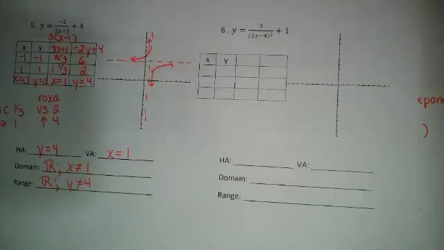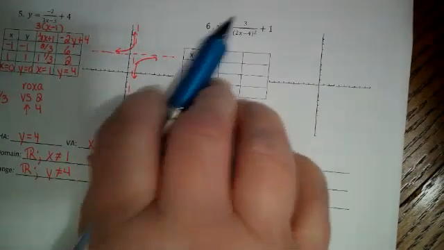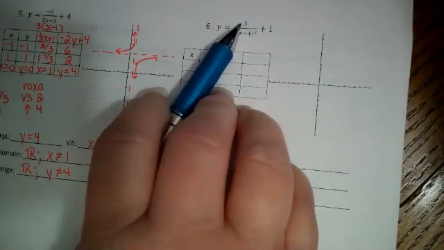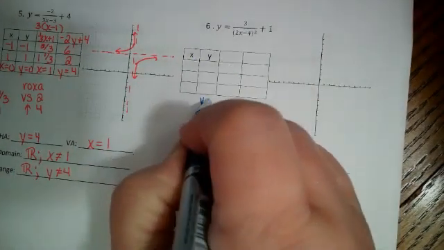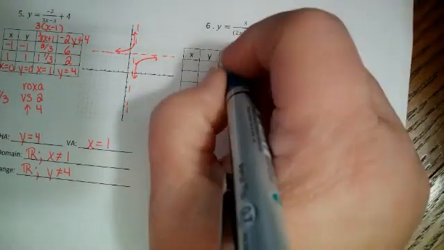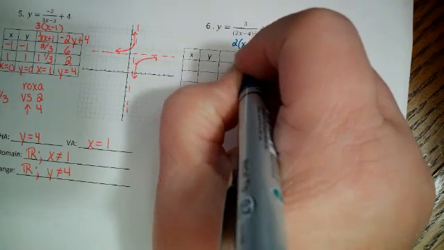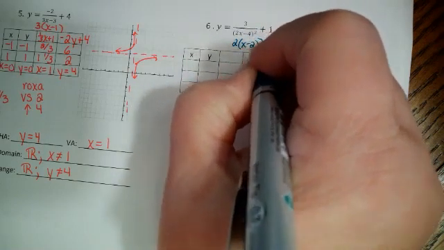Next step, we have a rational even. I don't see any reflections, but I do see a vertical stretch by 3. Now in our denominator, notice there is a b value in there that we're going to have to factor out.